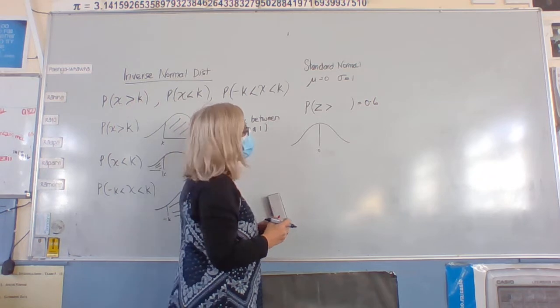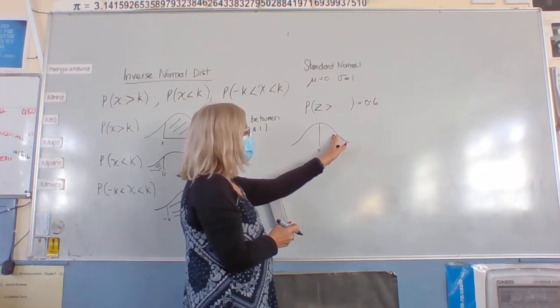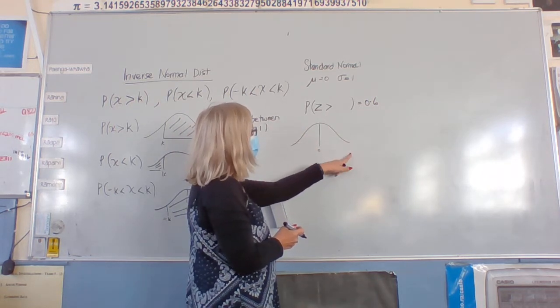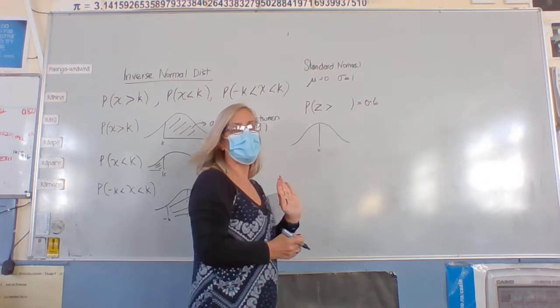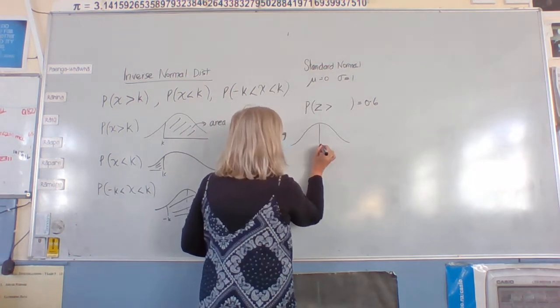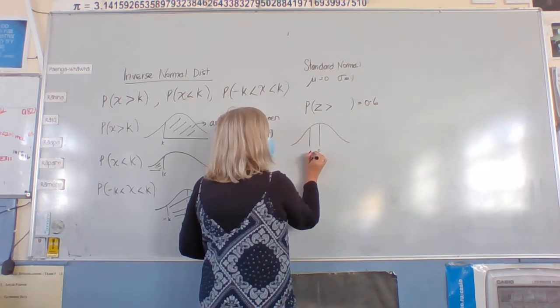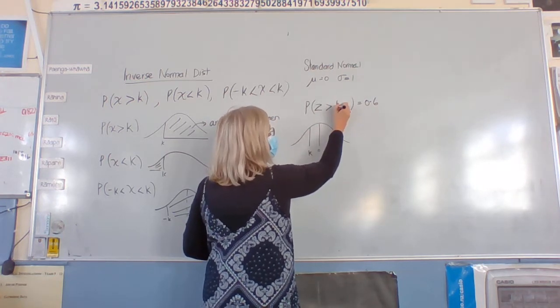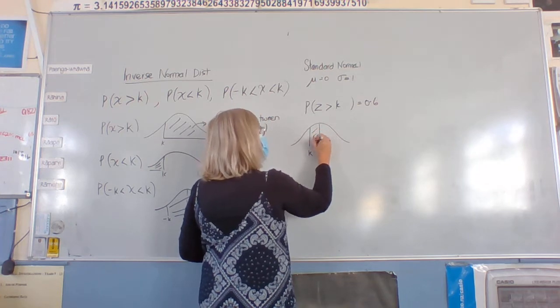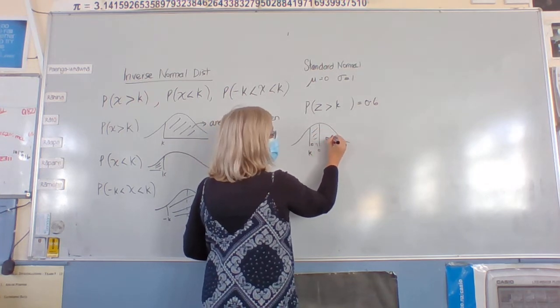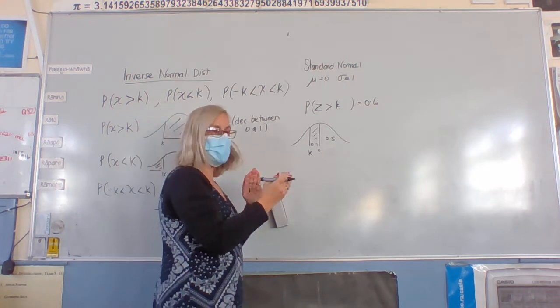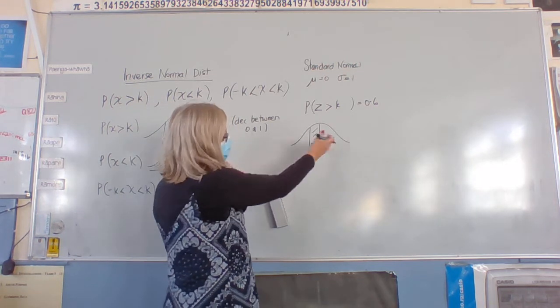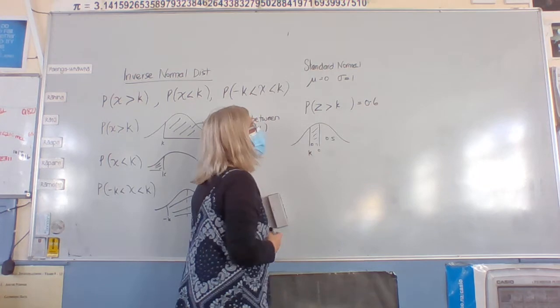Okay, so 0.5, we need a number on here that if it's greater than it, this side of it, it's going to be 0.6. So that's 0.5, we need an extra 0.1. So we need our k to be here. That's 0.1, this is 0.5. You see that? Remembering that it's half on either side of the mean. So that's what we're trying to find, that k.